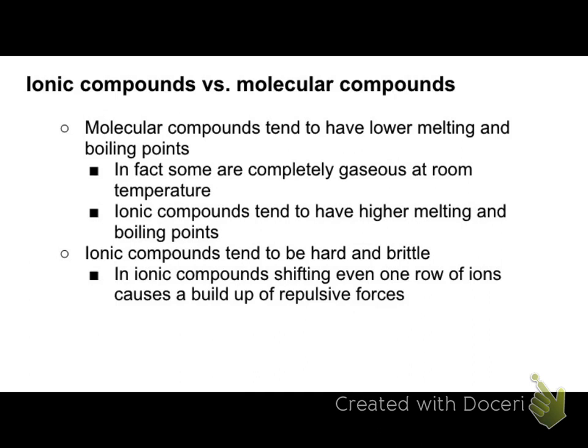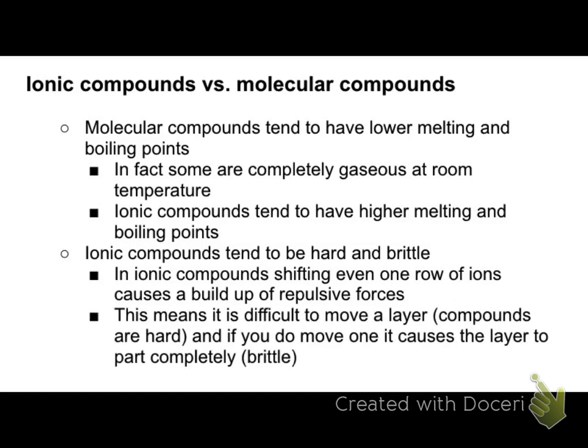It's difficult to shift part of a lattice, which is why these are such rigid, hard crystals. However, if you do manage to have enough energy to move one of those layers, then that layer is going to just shear off because of those repulsive forces, which is why they tend to be brittle and break as opposed to bend.